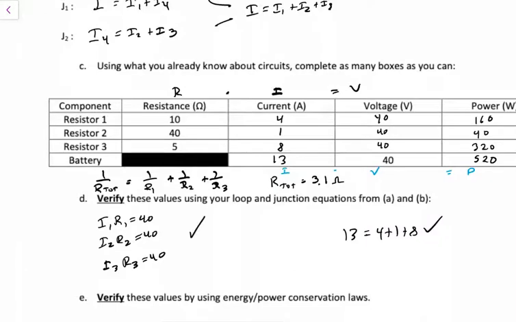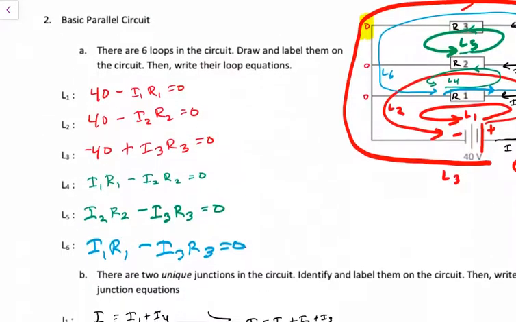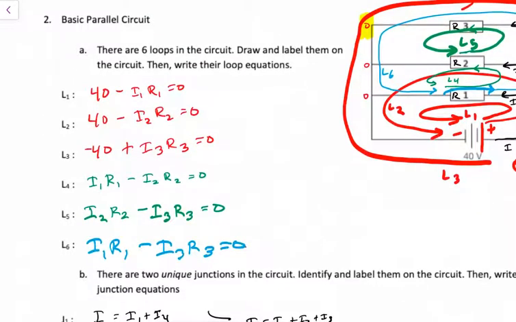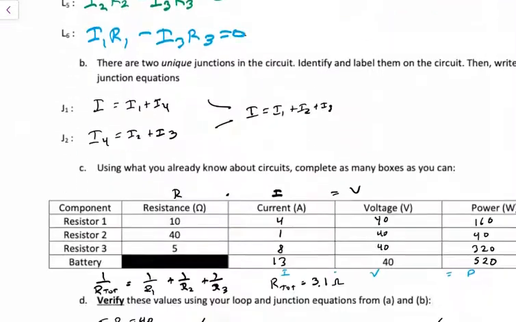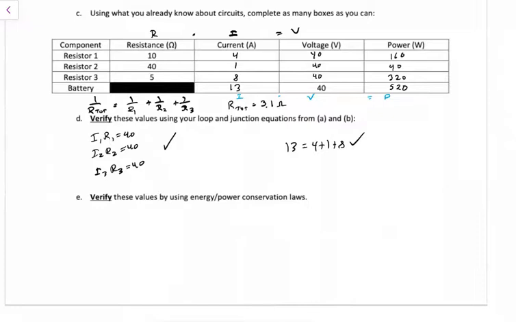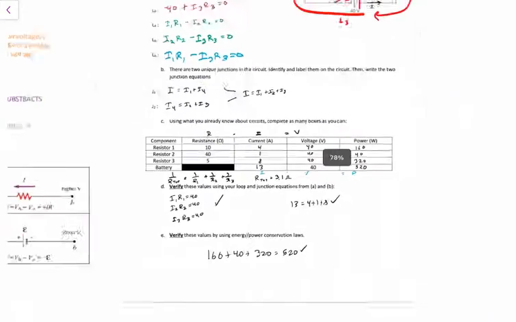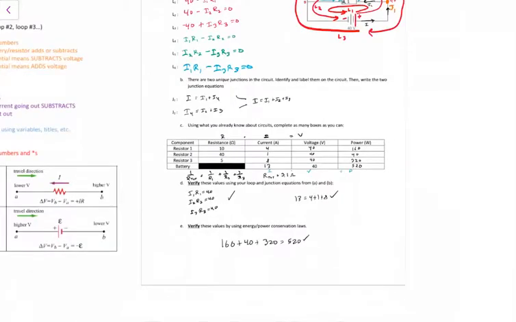And then as long as we've written these correctly as one minus the other equals 0, 40 minus 40 is equal to 0. Our power, we're just ensuring that 60 plus 40 plus 320 is equal to 520, and it does. That's good as well.